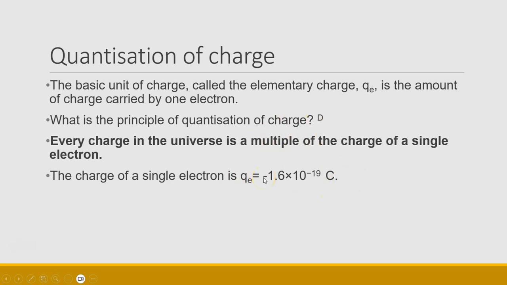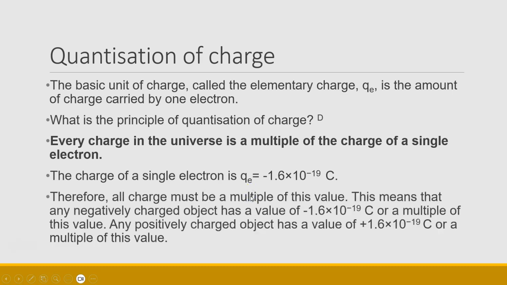So anything that has a charge has to be a multiple of this number over here. So all charge must be a multiple of this value. Any negatively charged object has this value over here, or a multiple of this value.